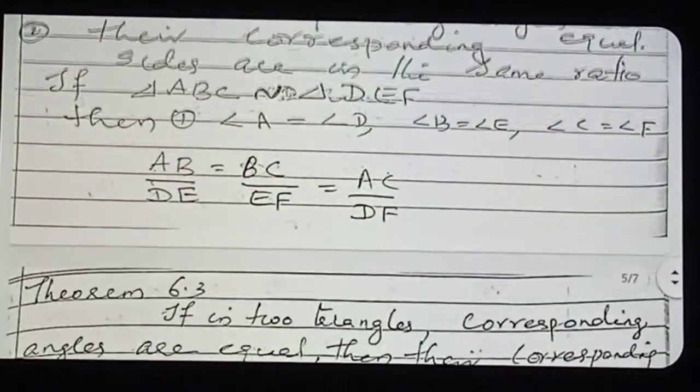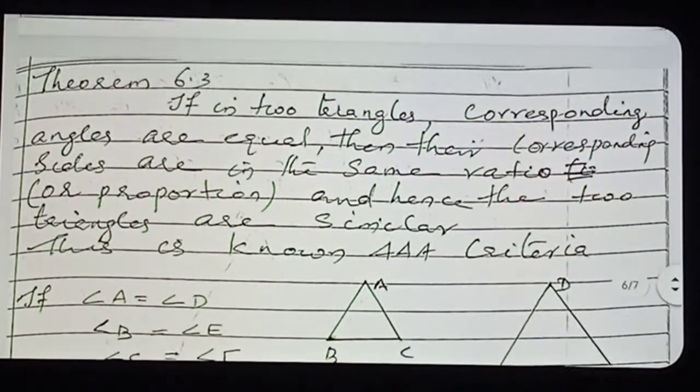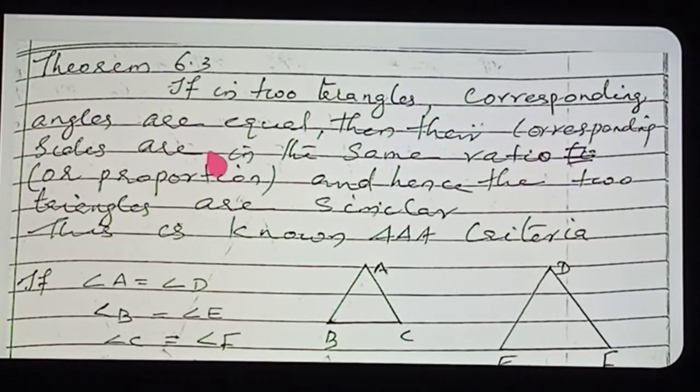Now we can go through the theorems. Which are the theorems? Theorem number 6.3. Theorem number 6.3 means the AAA criteria, the angle theorem. Everybody knows how to define this theorem, because last year you also studied this type of theorem in congruency.